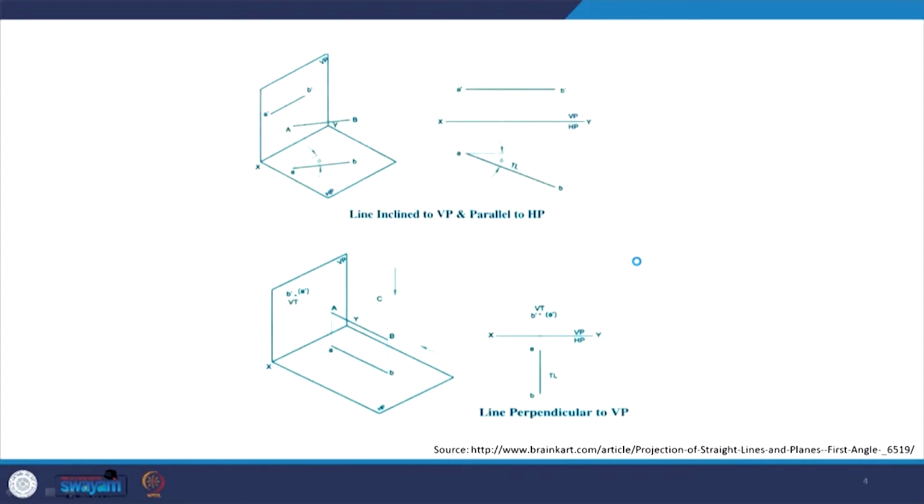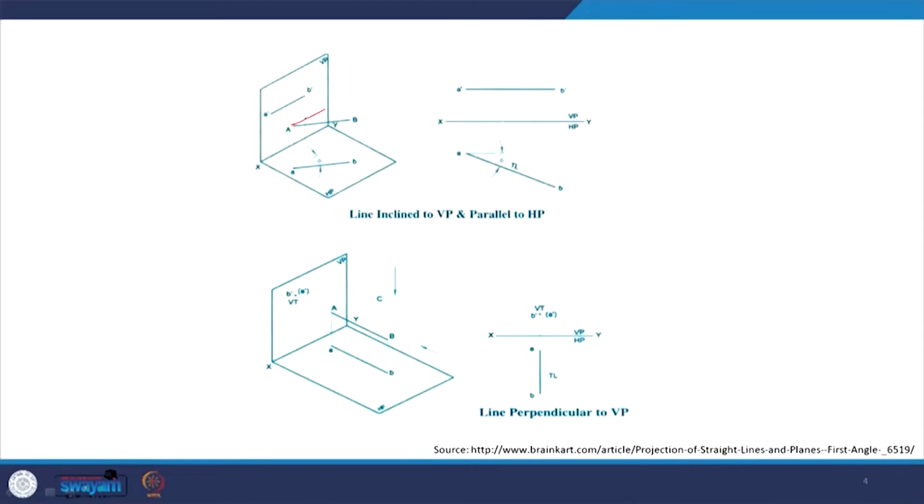Now, the line could also be making a certain angle with one of the planes. So what can we have? We can have a line which is parallel to HP, but it makes a certain angle with VP. It could be in HP, it could be anywhere, but the plane in which the line is, it is parallel to HP and it makes a certain angle with VP, which is what we see here.